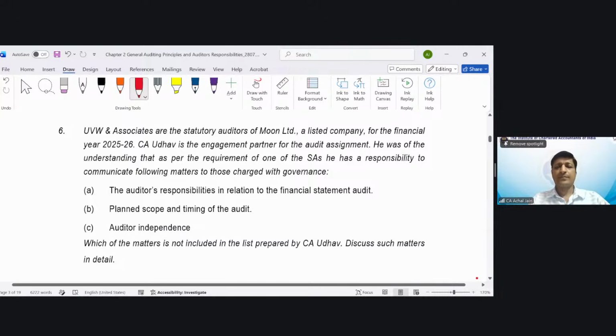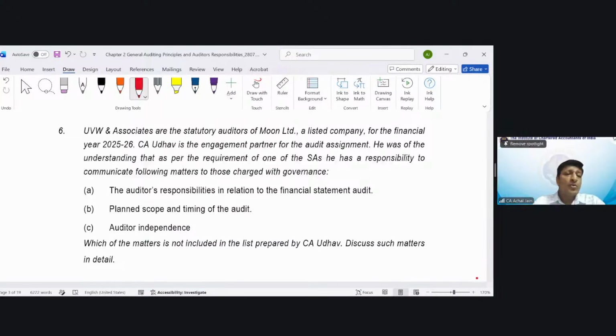Next, UVW and Associates happen to be the statutory auditors of Moon Limited. It's a listed company in respect of financial year 25-26.